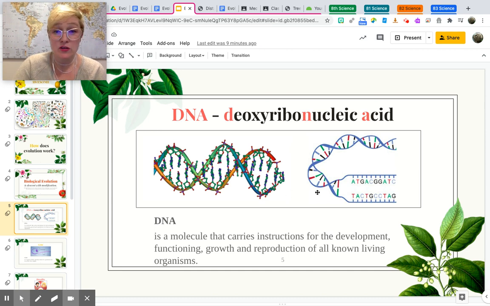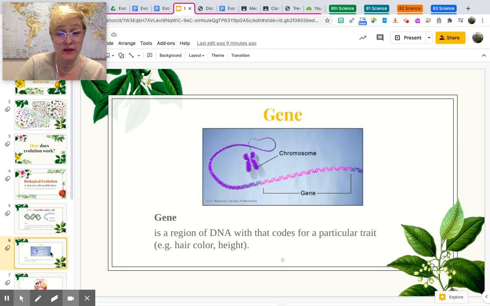Okay? So that brings us to our next term, genes. There are regions of DNA that code for a particular trait, like hair color or height or how many taste buds you have on your tongue or the size of your feet, the type of acid you have in your stomach, all sorts of things, right?